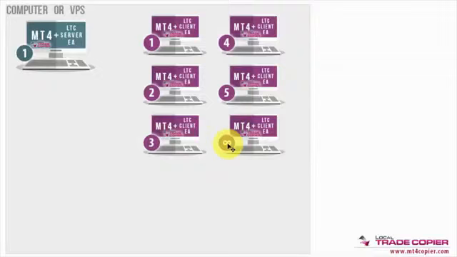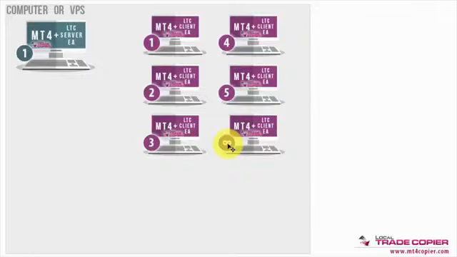So, for example, if we take a VPS server that costs around $20 a month, you would be able to run around 4 to 5 MetaTrader instances. So let's say if one MetaTrader acts as a master, you can have up to around 4 MetaTrader client accounts on that one VPS server. And once you need to run some more, you just get another VPS server and run another 5 MetaTraders, so it's quite flexible.